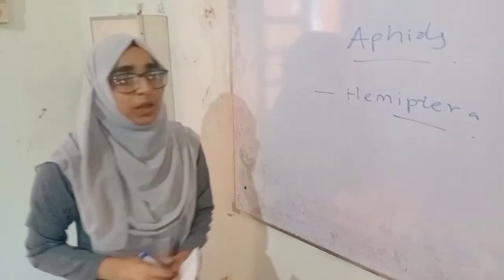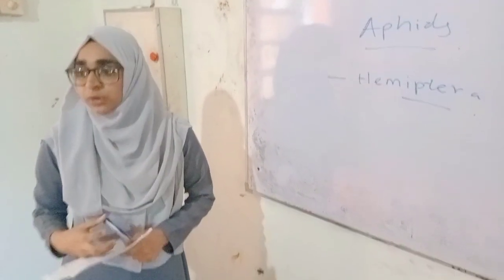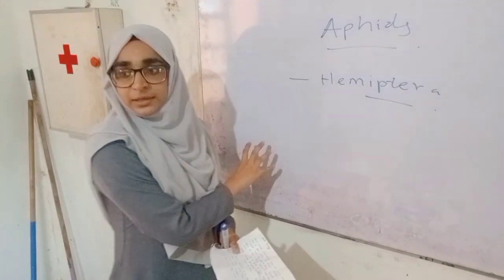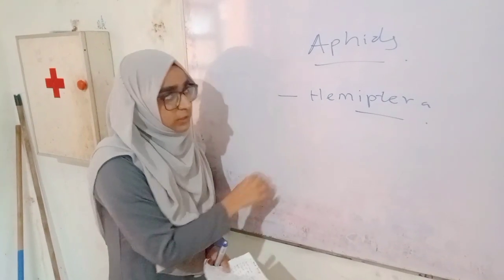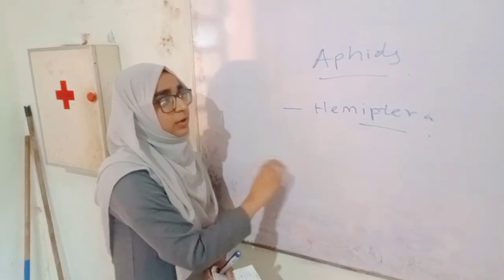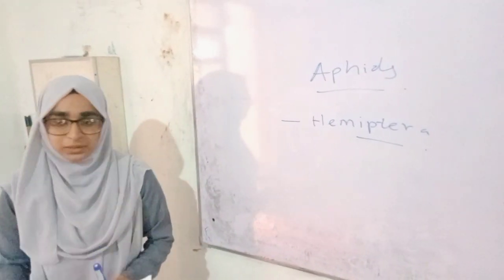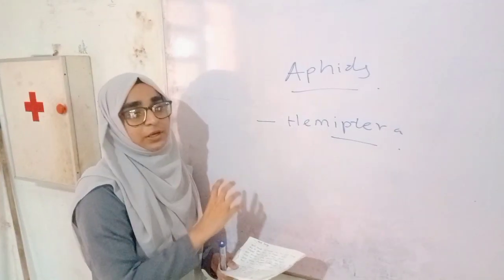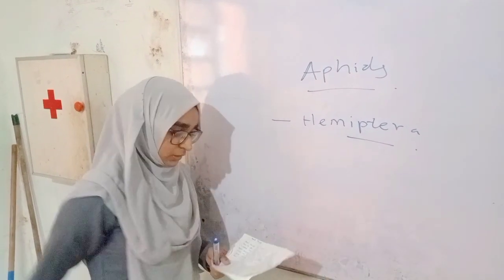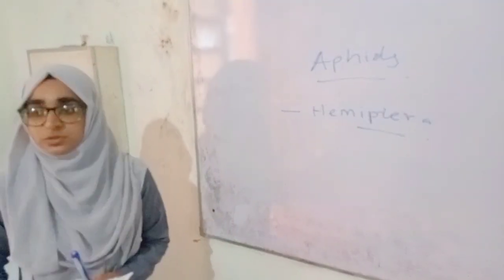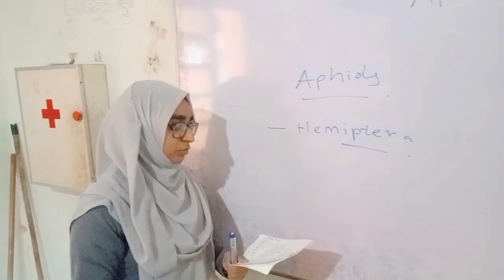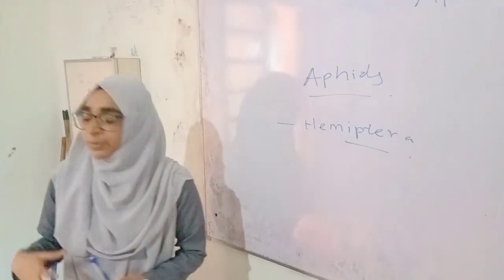Now we are going to see how to identify aphid damage in okra. One of the damage symptoms is that aphids remove vital nutrients from the plant. It causes them to grow poorly and become stunted.